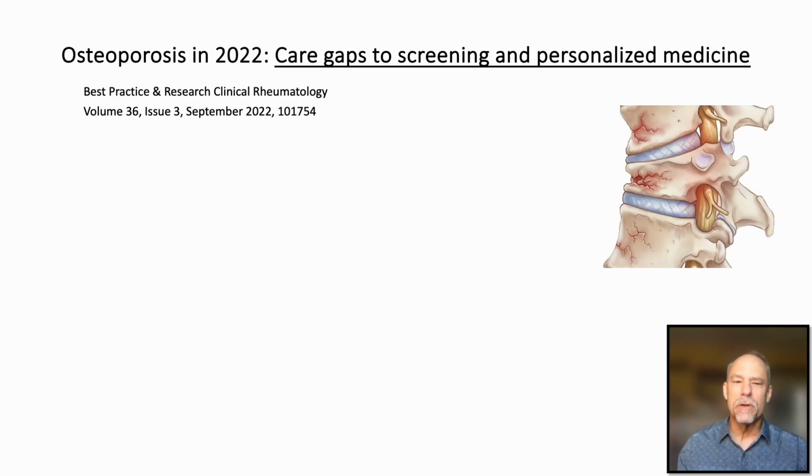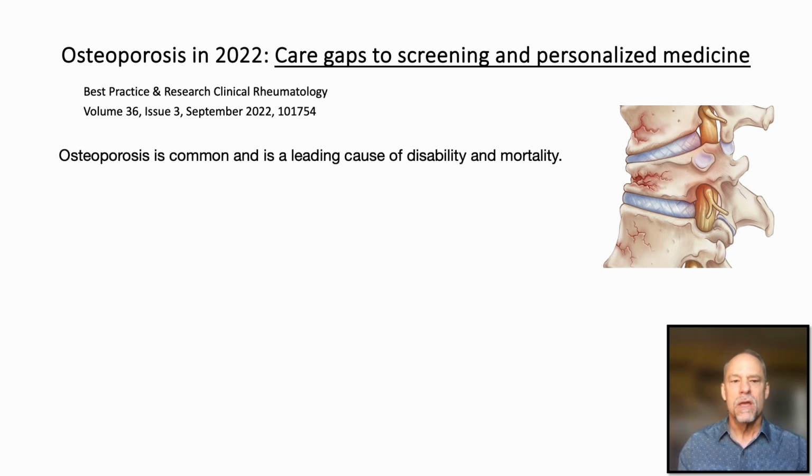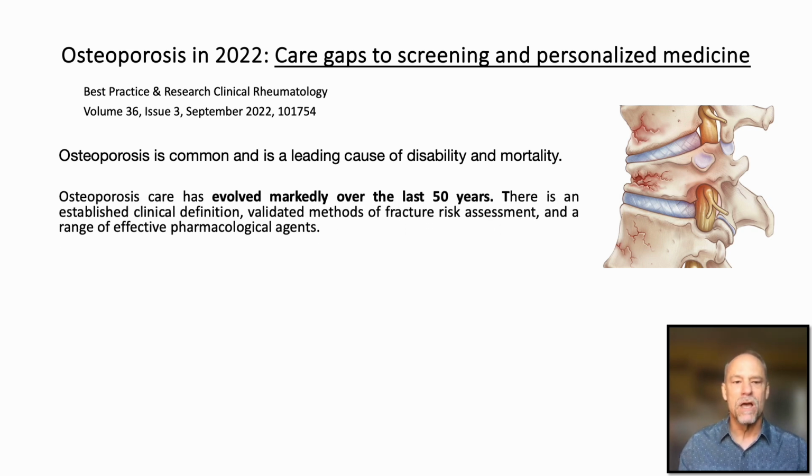But there are significant care gaps. This is published in the Best Practice in Research in Clinical Rheumatology 2022. They report that osteoporosis is indeed very common, and it's a leading cause of disability and mortality. Osteoporosis care has evolved. We have good definitions. We have validated ways to assess this with DEXA, and we have terrific pharmaceutical medications that can make a big difference.